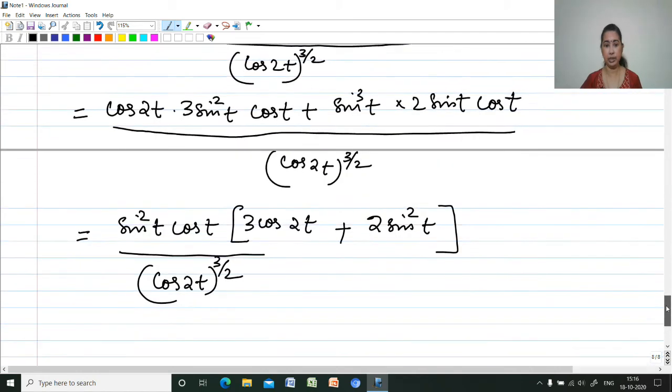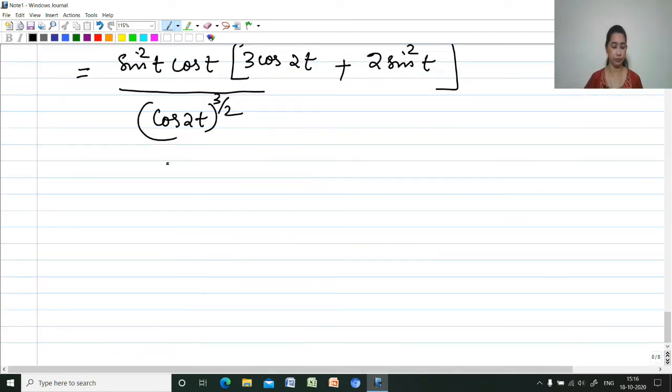So y is equal to cos cube t divided by root of cos 2t.